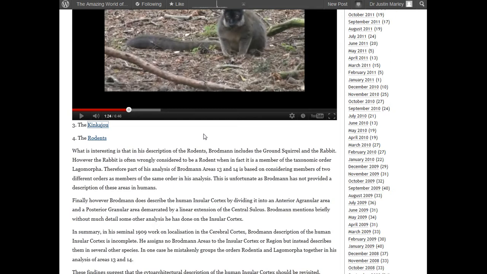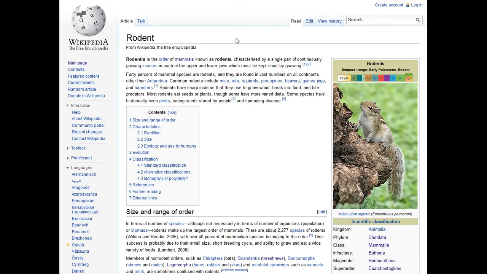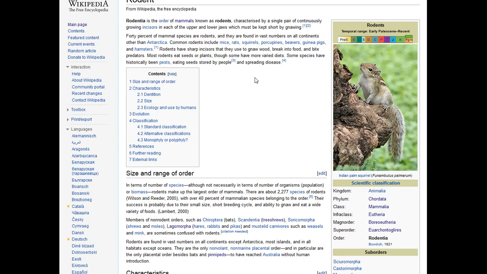I'm afraid I'm being slightly pedantic here, but Rodentia is an order of mammals that have continuously growing incisors in the upper and lower jaws, which they have to keep short by gnawing.